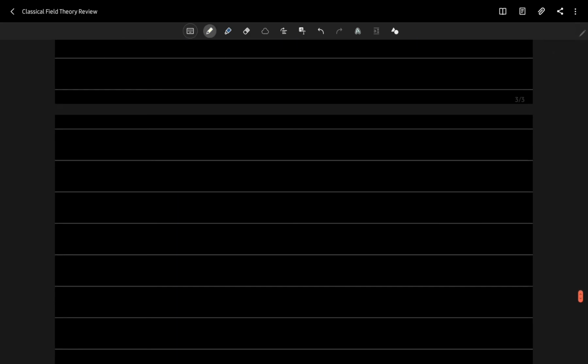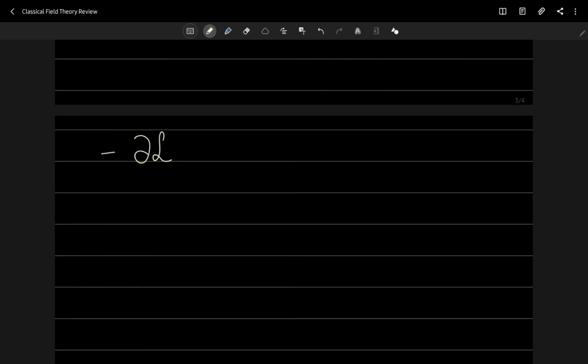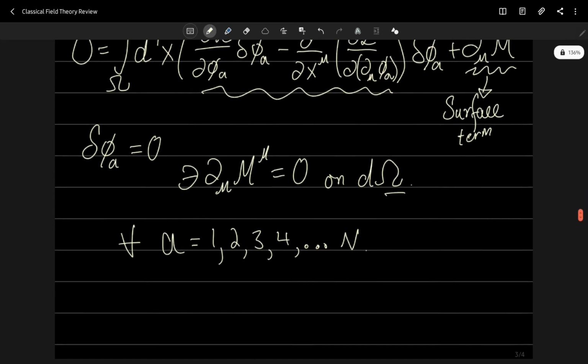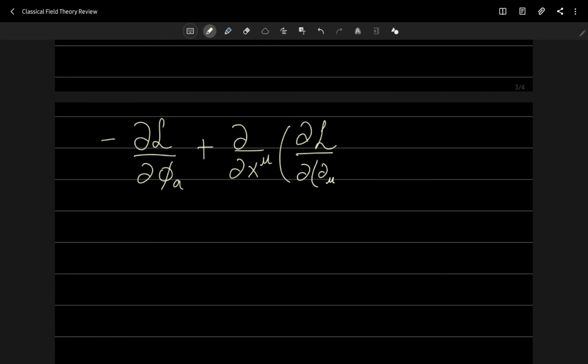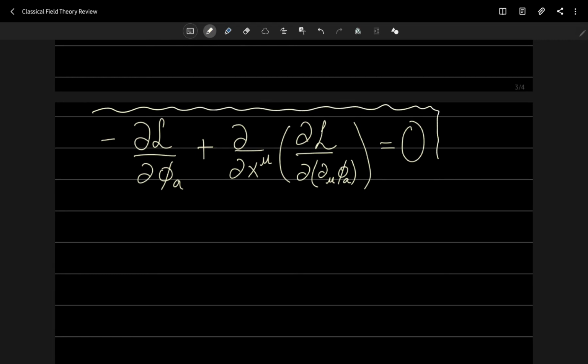That is the integrand, and it is partial L over partial phi a minus partial over partial x mu times partial L over partial (partial mu phi a) is equal to 0. Now this equation is known as your Euler-Lagrange equation of motion.